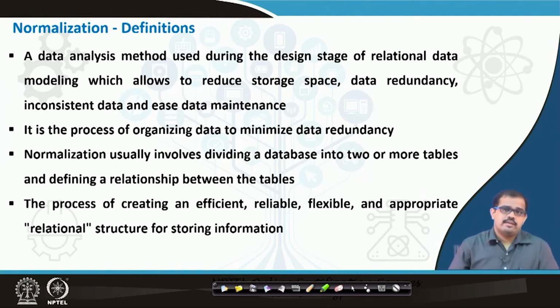The next very important concept that we would understand in today's class is normalization. Normalization is any data analysis method used during the design stage of relational data, that is data that has relationships between entities, and modeling, which allows you to reduce storage space, data redundancy and inconsistent data, and eases data maintenance.